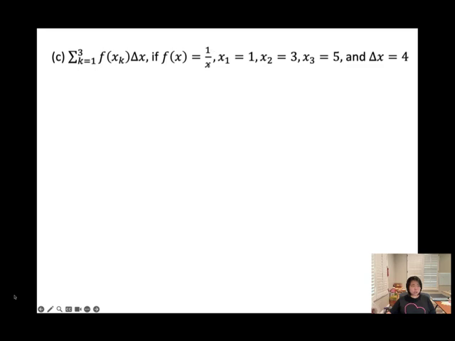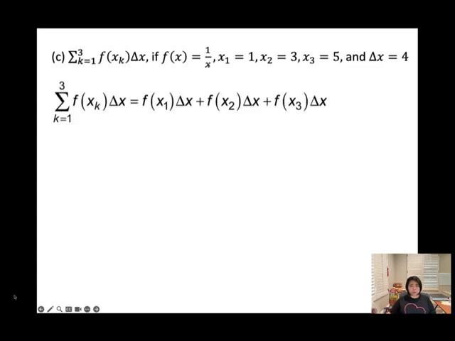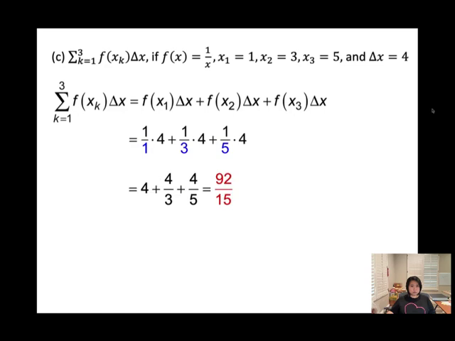So you're gonna plug in this formula. Okay, I will just try to work it out first and then do it one by one. Okay, so you should get 92 over 15.